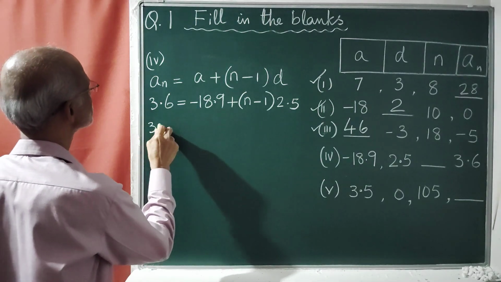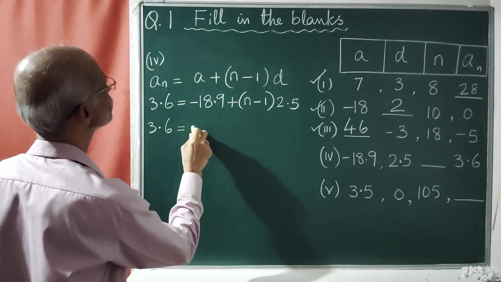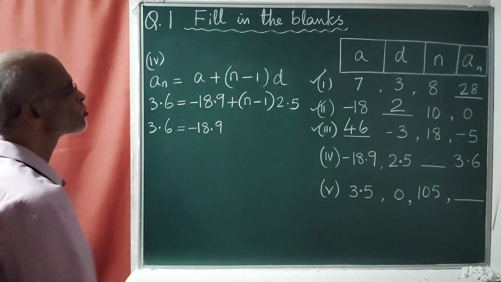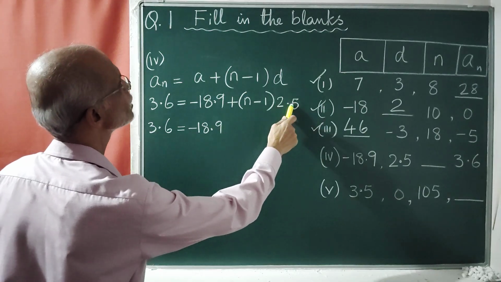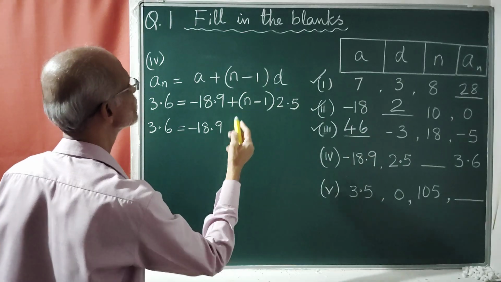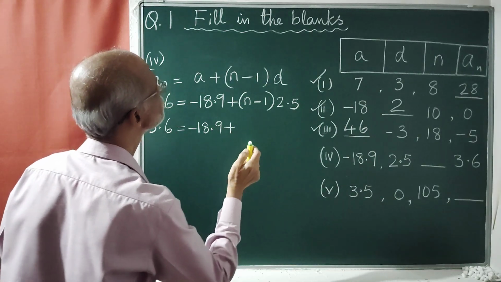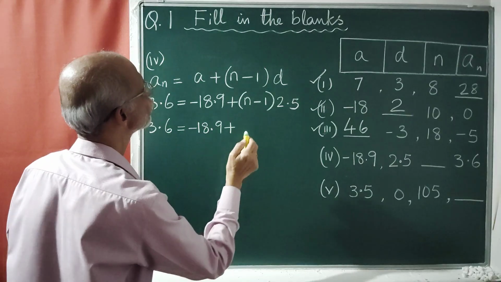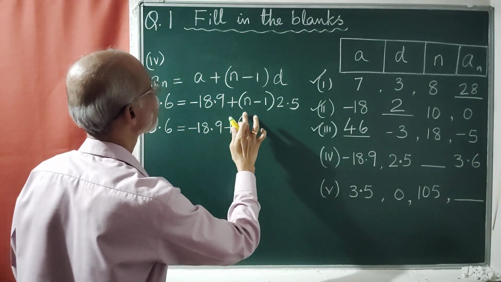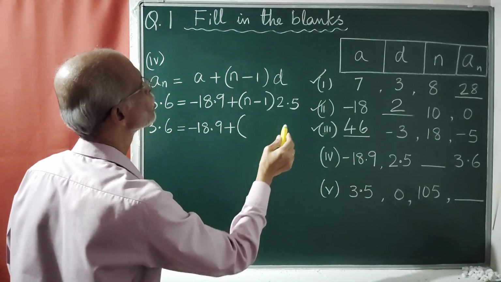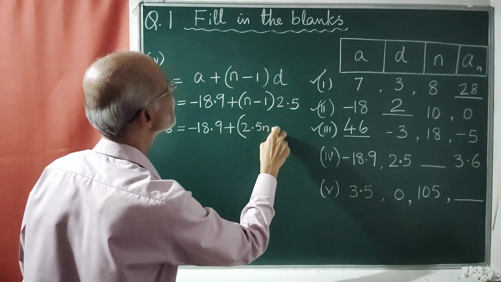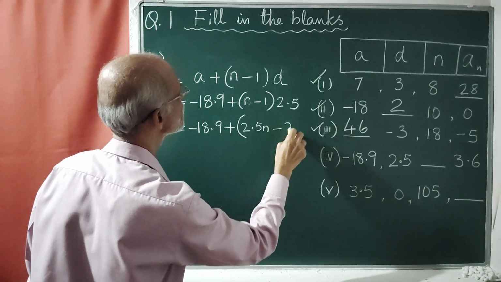So 3.6 is equal to minus 18.9. Now we have to multiply 2.5 with N and 2.5 with minus 1. So 2.5 into N we get plus, we can put a bracket like this. 2.5 into N is 2.5N, minus 2.5 into minus 1, minus 2.5.